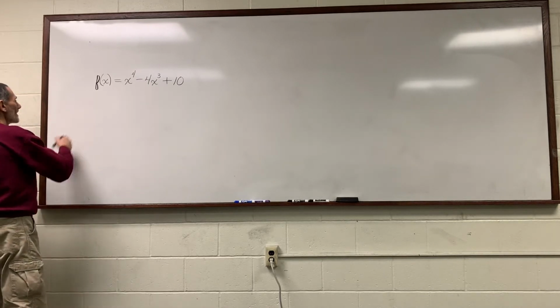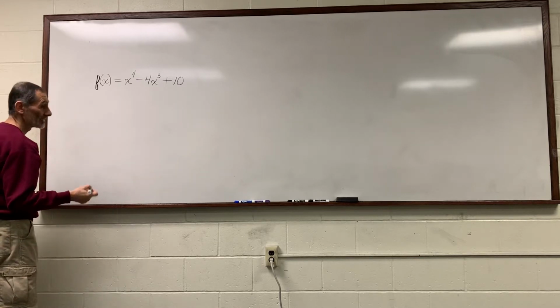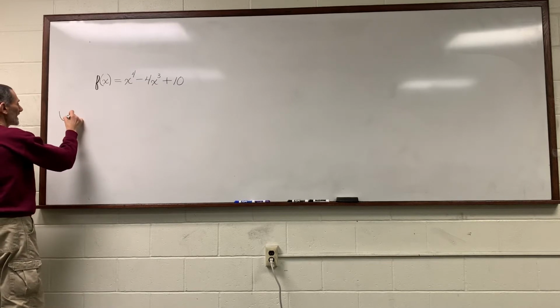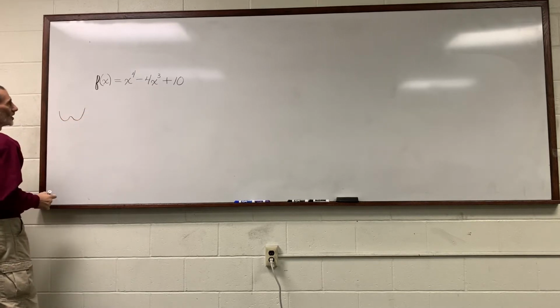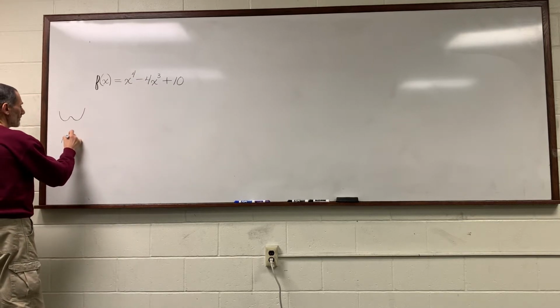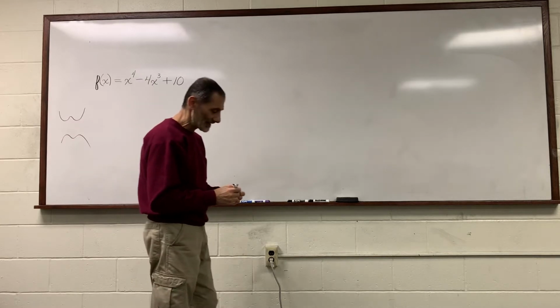You would be looking, now it might not be exactly symmetric across the y-axis, but you'd be looking at something like a W. Whereas if the lead coefficient were negative, you would expect to see something more like an M. It may not look exactly like that.